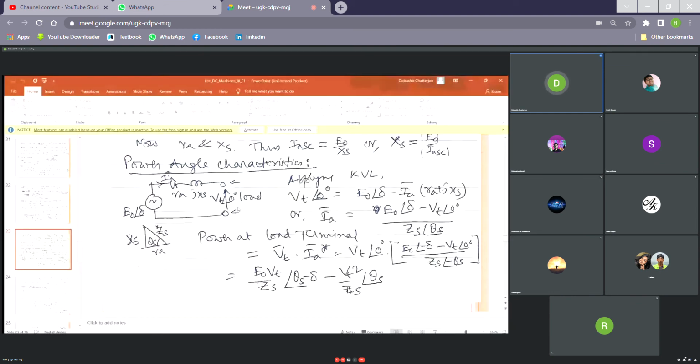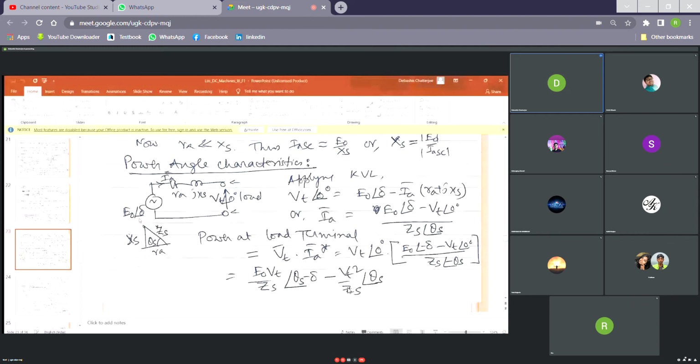That means the machine acts as a generator. And if E0 is lagging Vt, delta is minus delta, so power will flow from Vt towards E0, that means towards the machine. That means the machine will work as a motor. So while motoring, we will consider delta to be negative, and while generating, we will consider delta to be positive. This is the convention we will follow throughout.